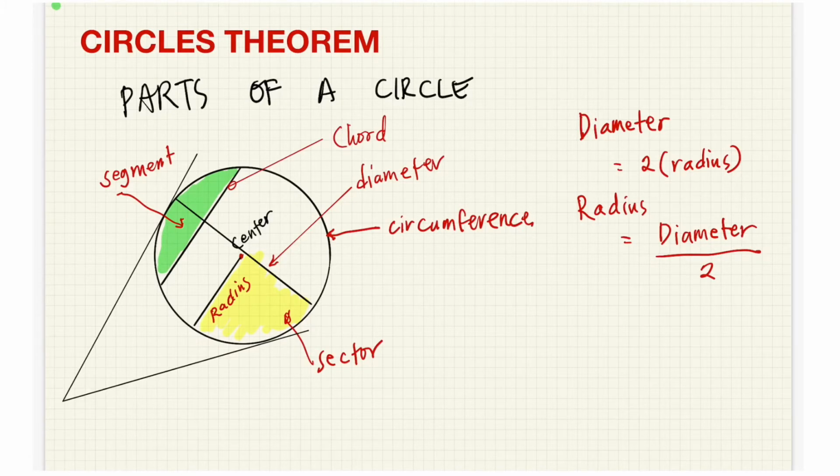Now the point that touches the edge of the circle on every line, this is what we call a tangent point. And here, this is what we call the tangent line.